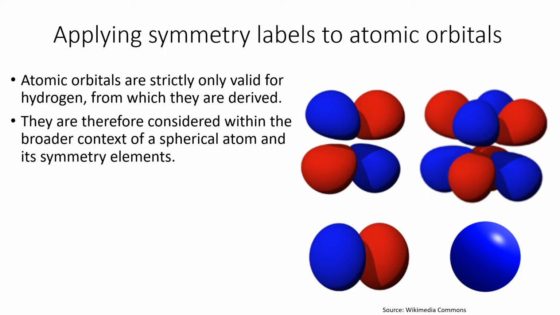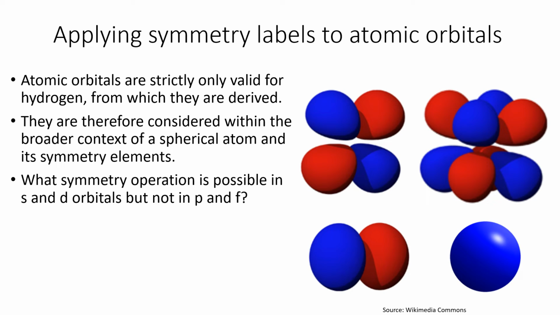And what's very interesting is to look at the shapes of our atomic orbitals within the wider context of the spherical symmetry in which they find themselves. And we see some quite interesting relationships. So I ask the question here, what symmetry operation is possible in s and d orbitals but not in p and f?